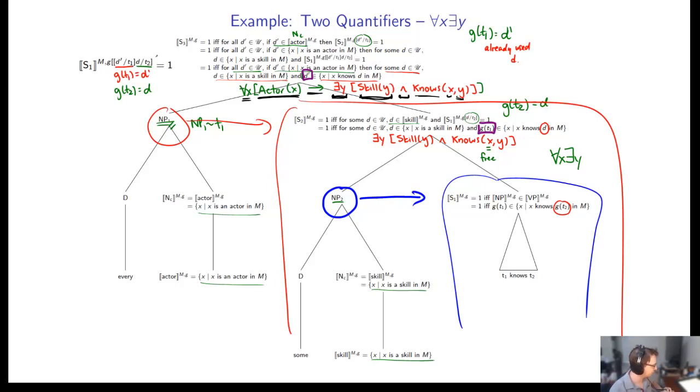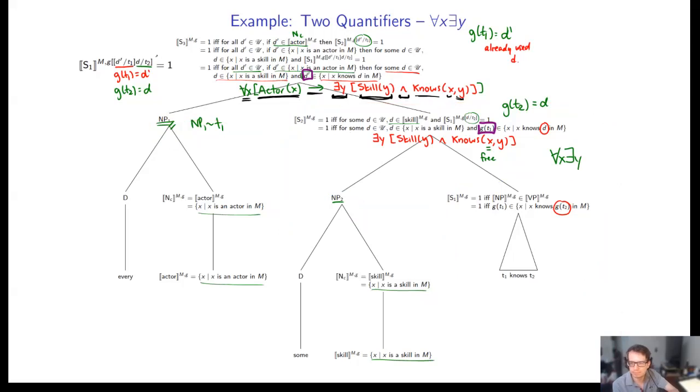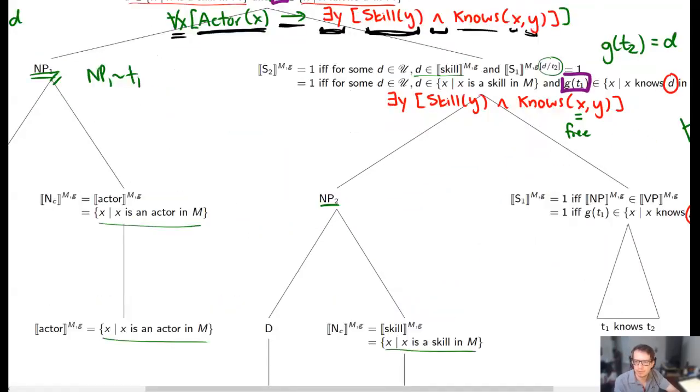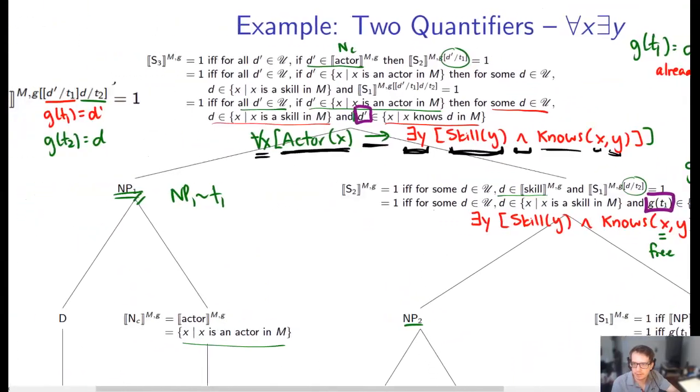So NP2 is doing one set of binding with D, and NP1 is doing one set of binding with D prime. So that middle line is just basically spelling out both of the bindings at once. But that's an optional step in the illustration. Zoom back in on that.